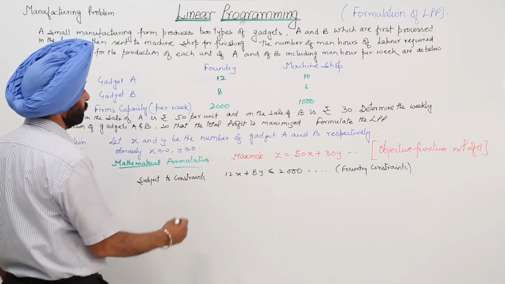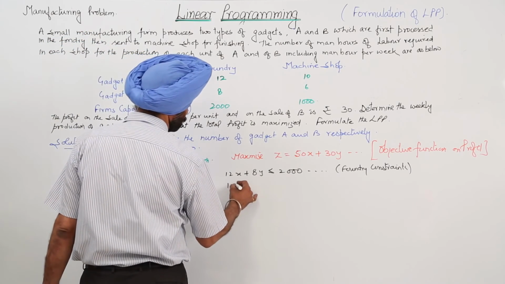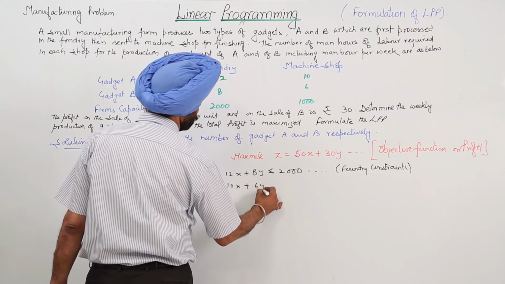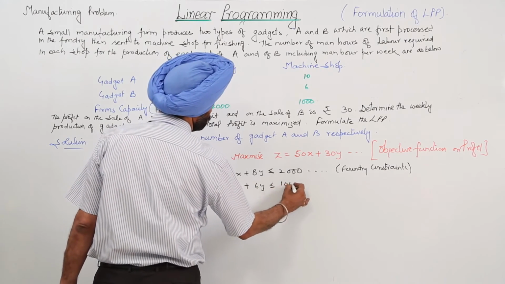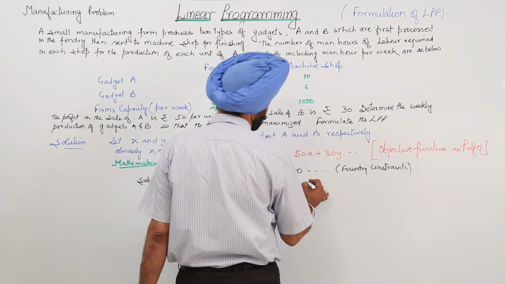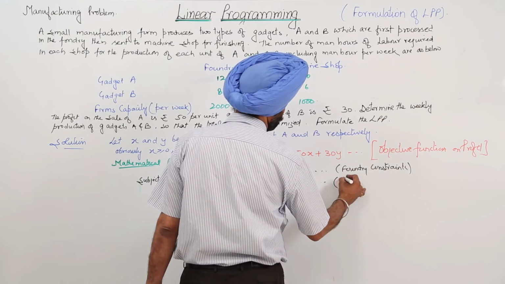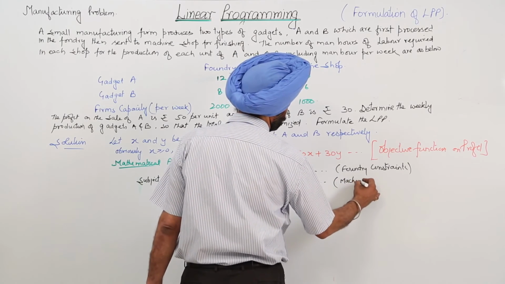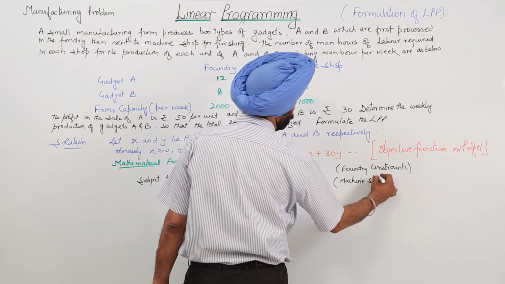Then 10x + 6y is less than or equal to 1000. Machine shop constraints.